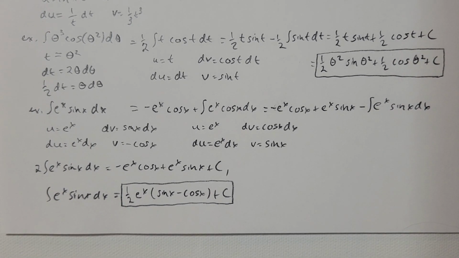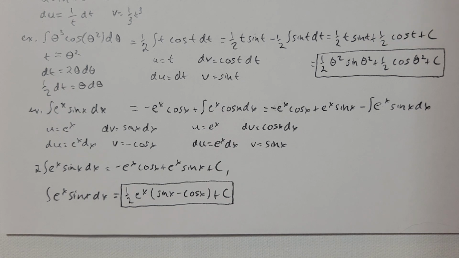The next one here is where we're integrating theta cubed times cosine of theta squared d theta. Now, sometimes you're going to have to incorporate multiple techniques into integration. And in general, integration is way more difficult than derivatives.